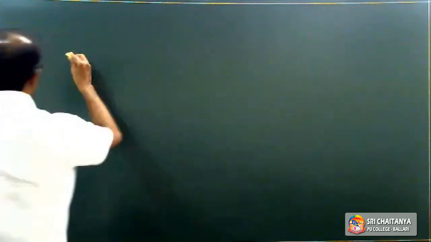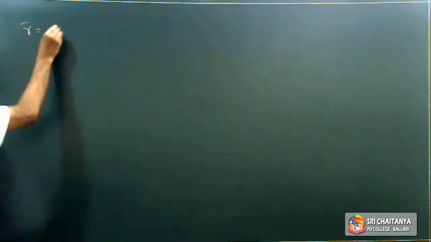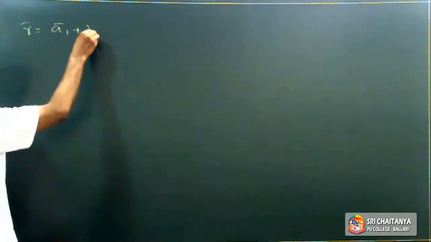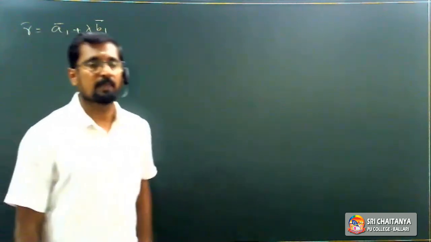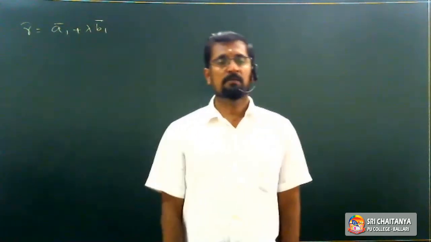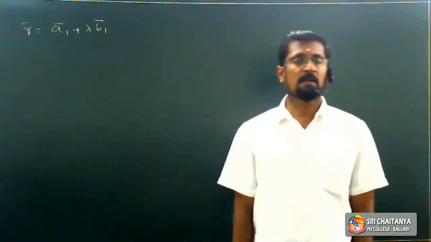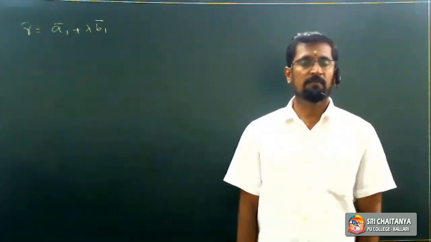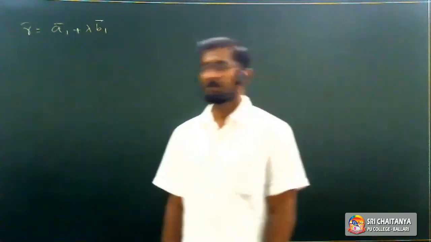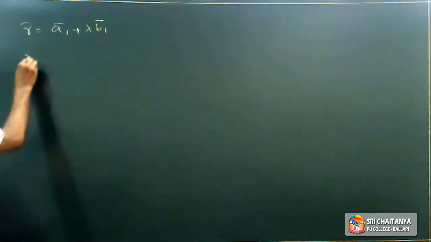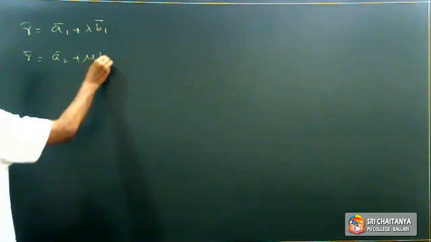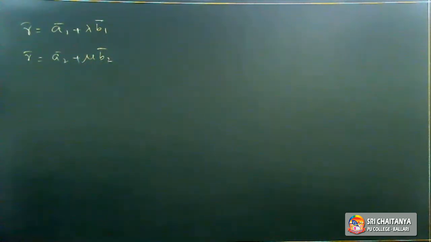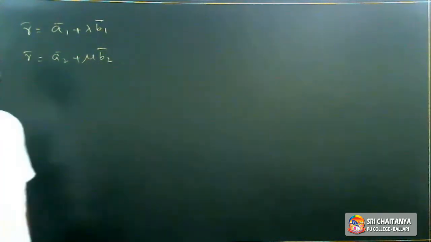Now, r bar is equal to a1 bar plus lambda into b1 bar is the first line in the space, right? And I am going to consider another line, because if you want to find the angle between two lines, you require two lines.